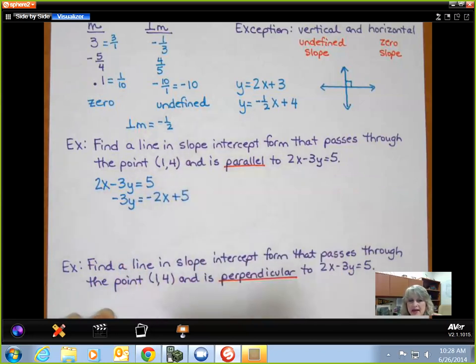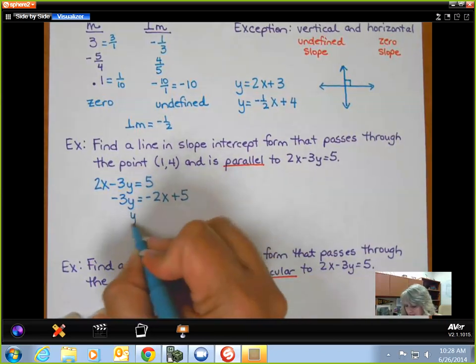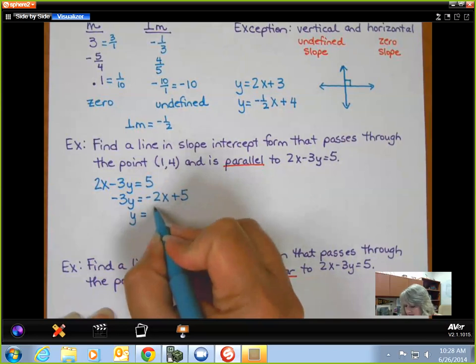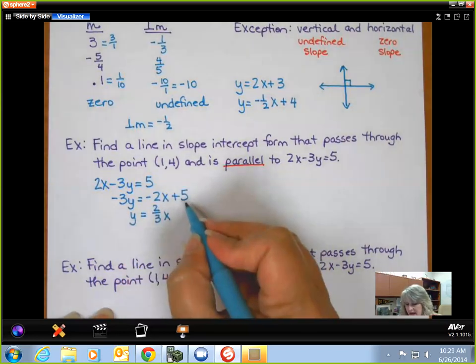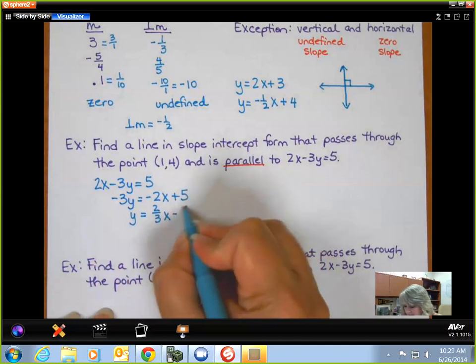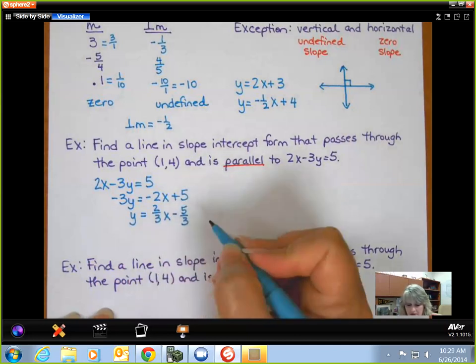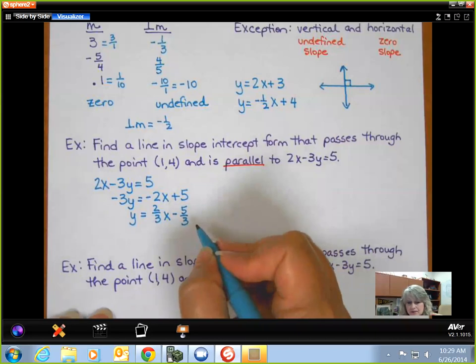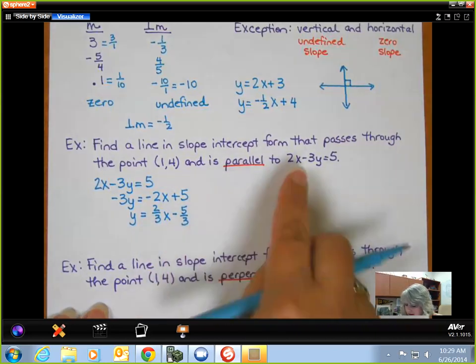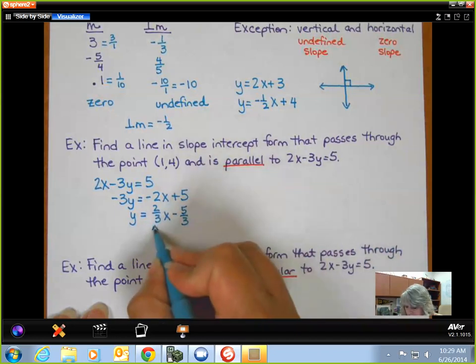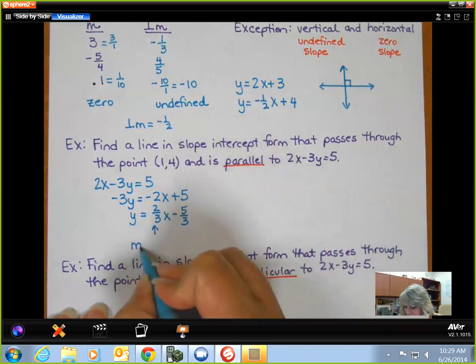And then we're going to divide everything by negative 3. So we get y equals, this would become positive 2/3 x. 5 divided by negative 3 would be a negative 5/3. So this is the equation of a line in slope-intercept form of my given line. Notice the slope is right there. So my slope is 2/3.